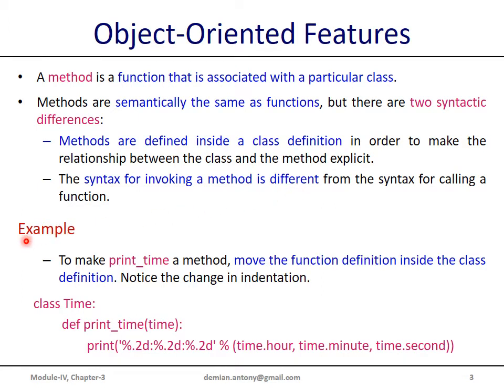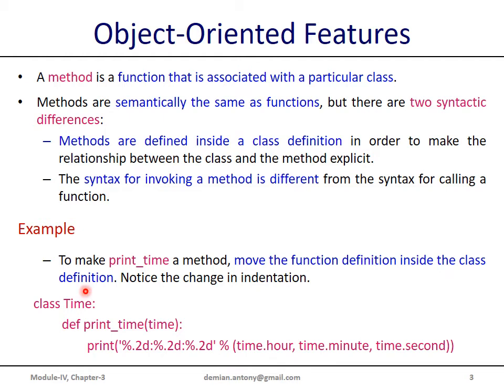Let's take up the example. To define a function called print, wherein we want to print a time in terms of hours, minutes, and seconds, we had written a function in the previous chapter, print time, which is a function. Now in order to make that a member, we have to define that function inside the class.